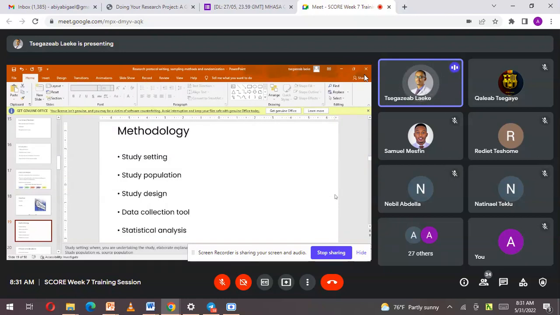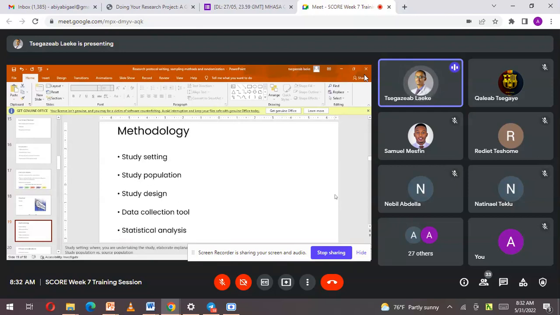So if it is a hospital-based study, let's say you are doing your research in Black Lion Hospital, you have to really explain about the hospital. This includes, maybe, if you are doing a patient outcome study, let's say you want to assess operative outcome of patients who are operated on for brain tumors.